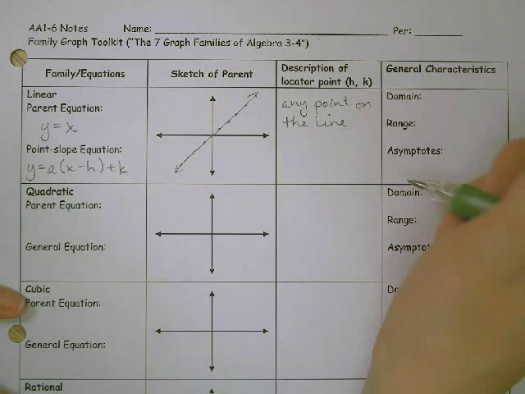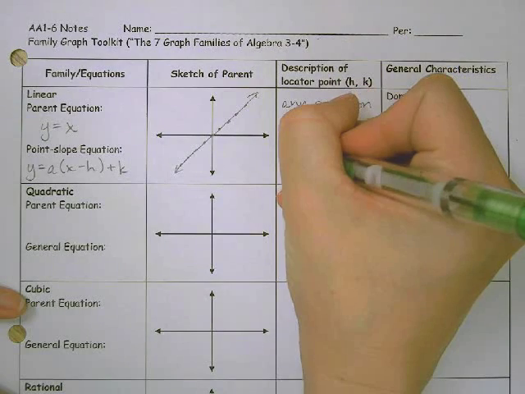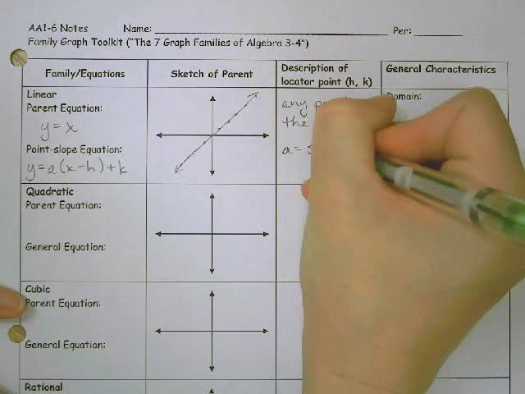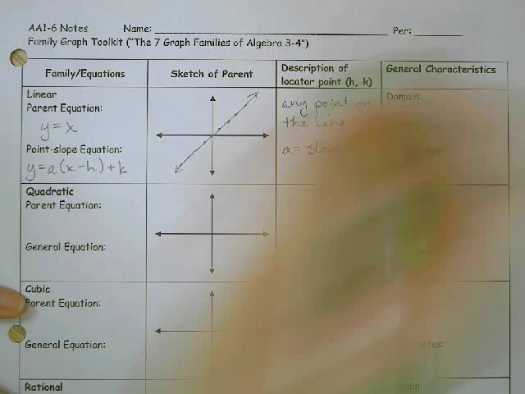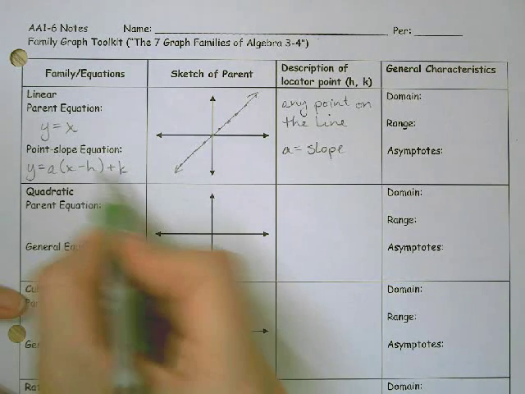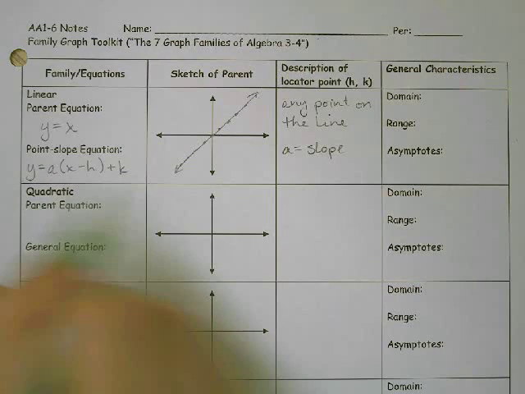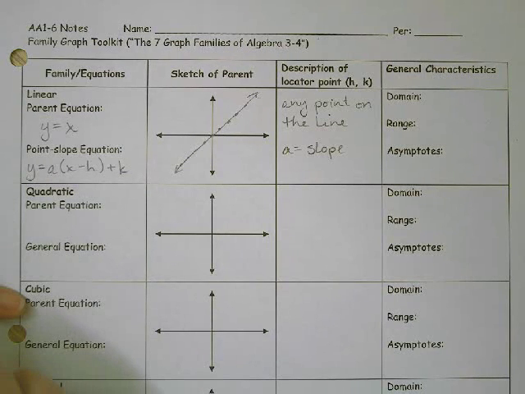A on a linear equation happens to be the slope. So this is why this is referred to as the point slope equation: a point on the graph and the slope. Anything you plug in for hk on that line is going to make a valid equation.